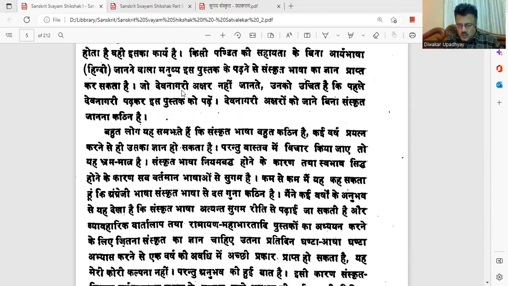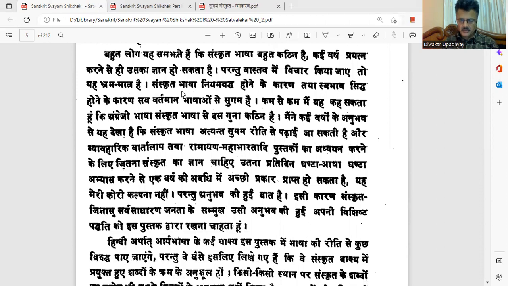If you do not know how to write the Devanagari script, you first need to learn writing it. Hindi has Devanagari script. Nepali too has Devanagari script.